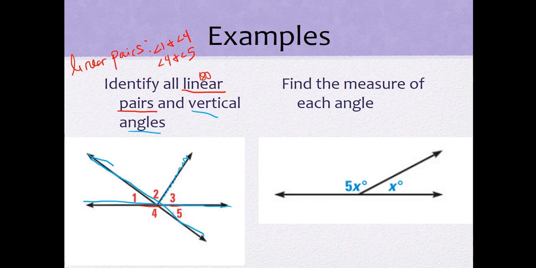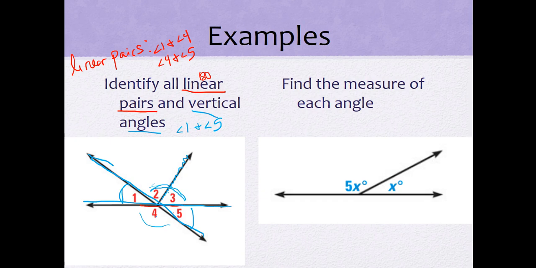Any angle that's right across from each other, and again it should be a pair. So in this case, angle 1 and angle 5. If this had been one complete angle over here, that would have been vertical with angle 4, but there are two different angles, so that would not be a vertical pair.